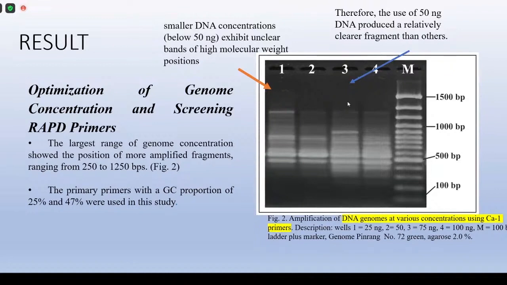Therefore, the use of 50 nanogram concentration and above of DNA produces relatively clearer fragments than others. The largest range of genome concentration shows the position of more amplified fragments ranging from 250 to more than 1,000.